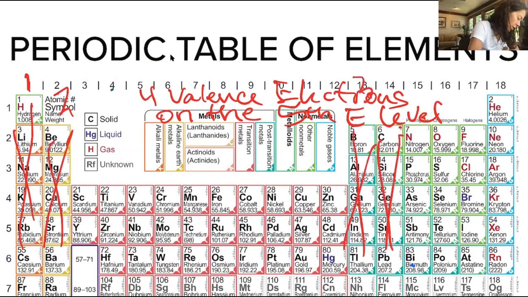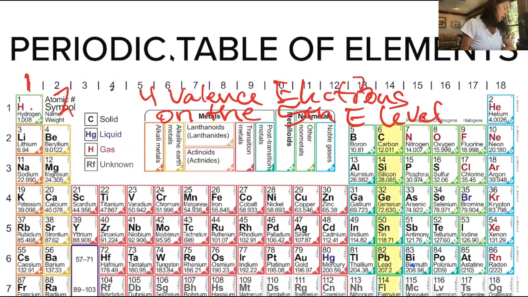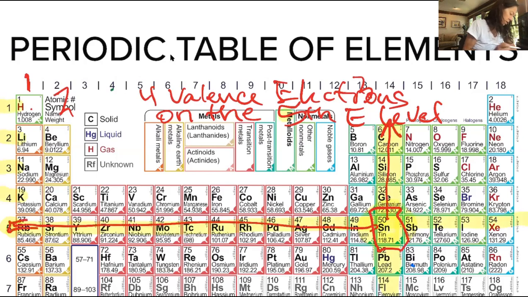Okay, so this is one of these elements here. Let me clean up my screen for you, right? This is clearly going to be one of these elements because that's the 4th group, and they're on the 5th energy level. So I'm going to go 1, 2, 3, 4, 5. That would be 10, right? This element has 4 valence electrons on the 5th energy level.